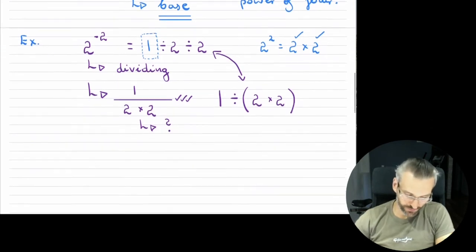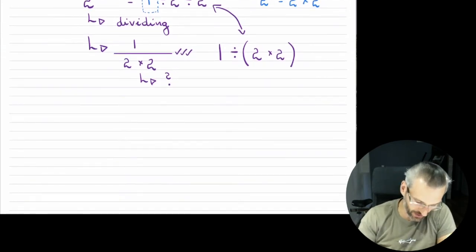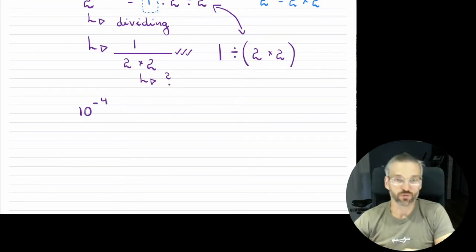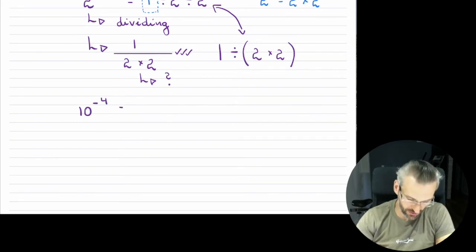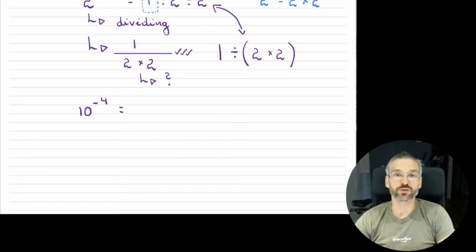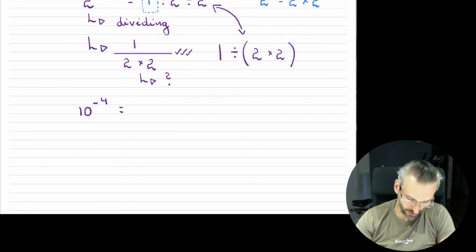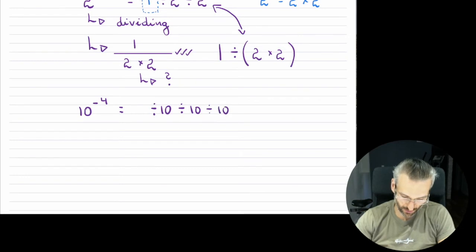So if you were writing something of this nature, let's take a different number, let's say 10 to the negative 4. What does that mean? Well, this actually means you're going to divide by 10 4 times. So you can write it in this way. You can divide by 10: once, twice, 3 times, 4 times.